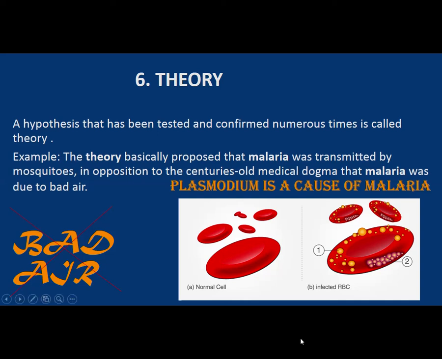You can see here normal blood and here infected blood, and the infected cells have Plasmodium in them. So what is the cause of malaria? One parasite present in the blood of malarial patients, called Plasmodium.